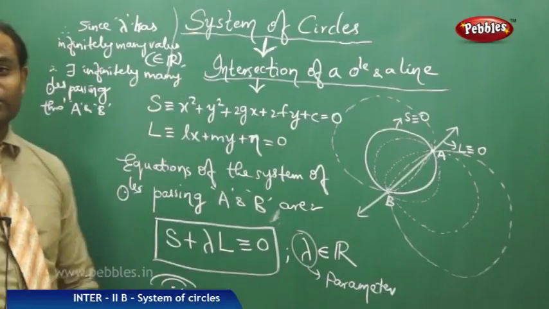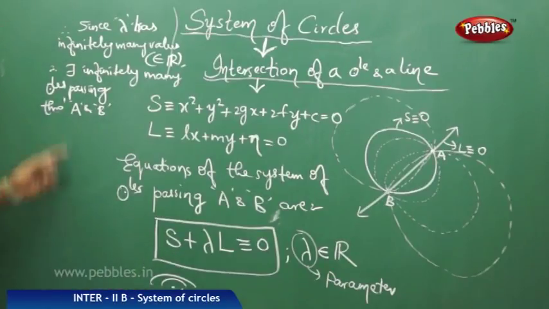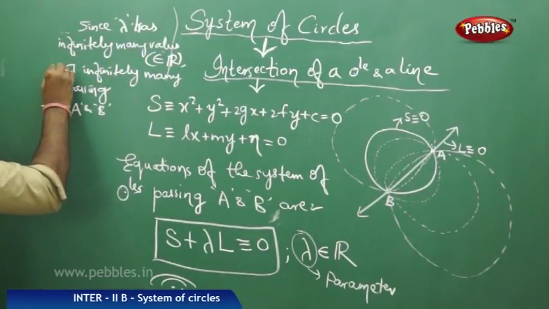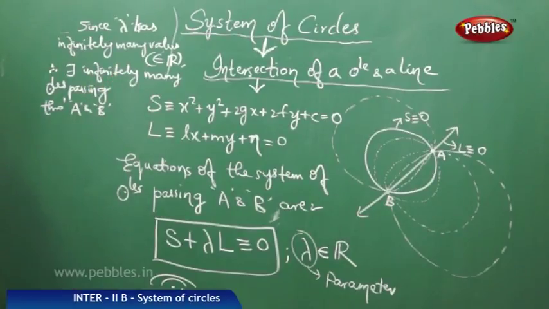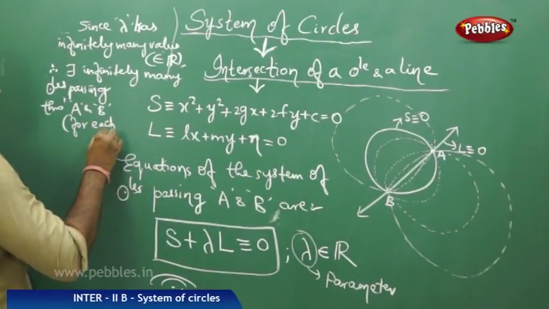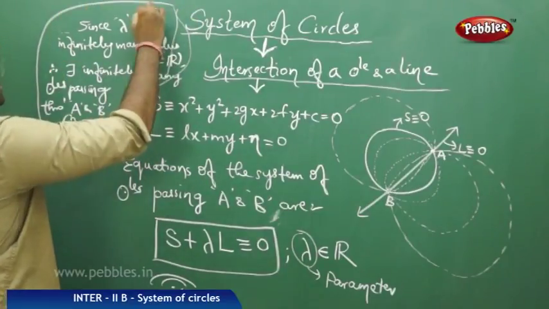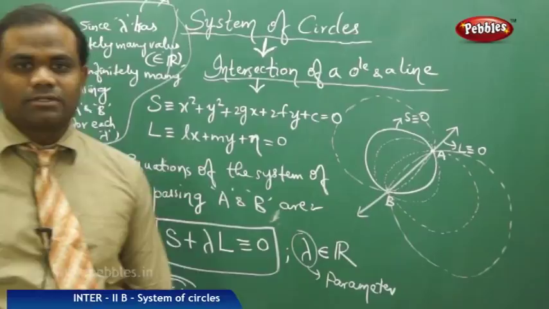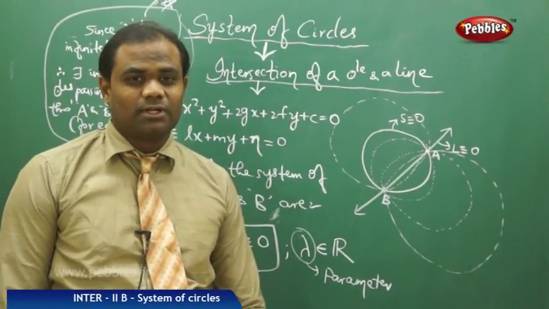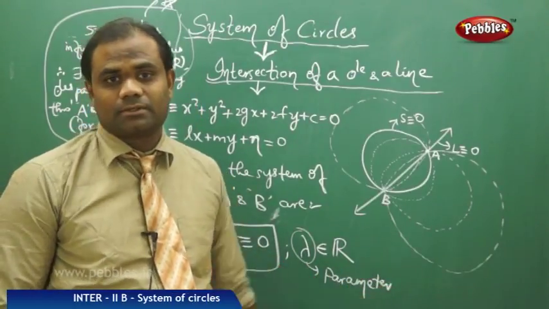So this plays a very important role in understanding the system of circles connected with the parameter lambda, which states that since lambda has infinitely many values being real numbers, therefore there exist infinitely many circles passing through A and B. For each lambda there is a respective circle, and hence we form infinitely many circles. Is how we understand the concept of system of circles connected with the parameter lambda belonging to real numbers.